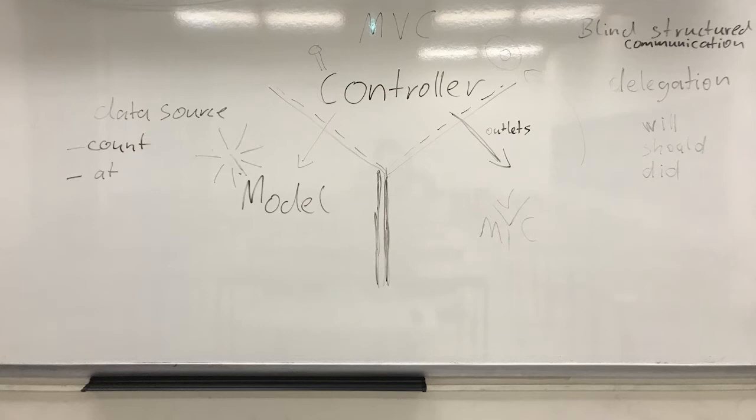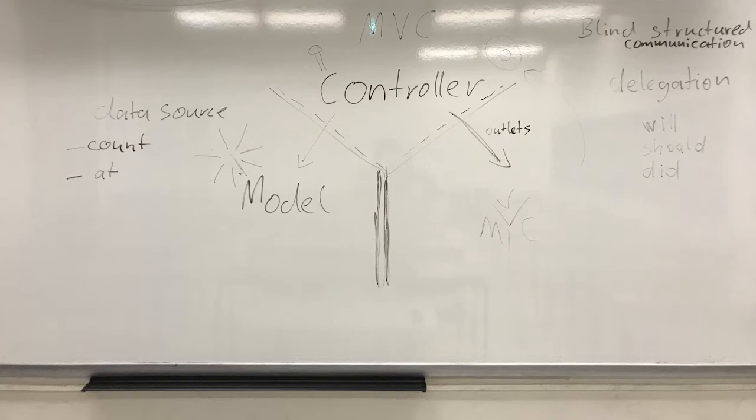So what did you see last week? Who was talking to whom? Controller and the view. Controller to the view. Do you remember the direction of how this was working? View to the controller. So the view was telling the controller what to do? Like the controller is receiving the information from the view. The controller was receiving the information from the view.